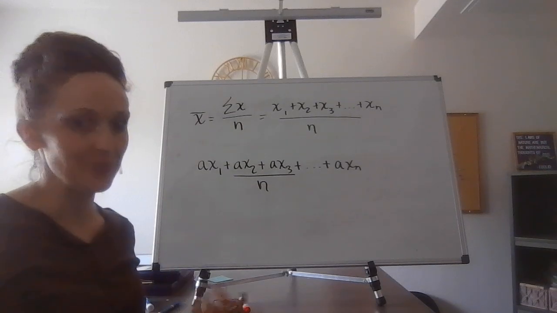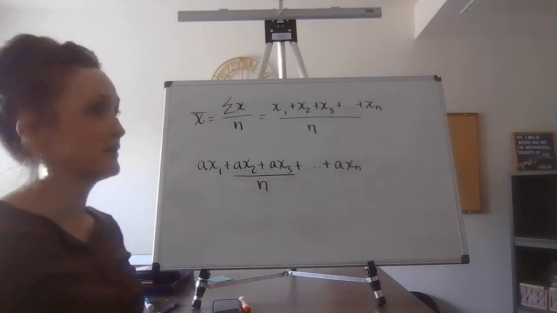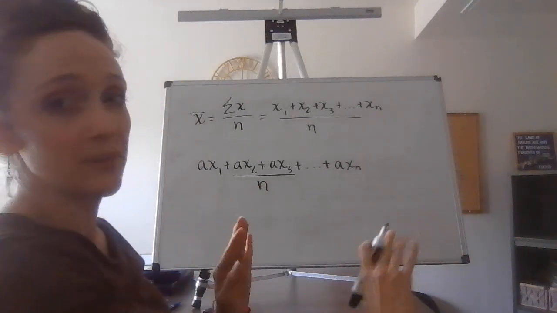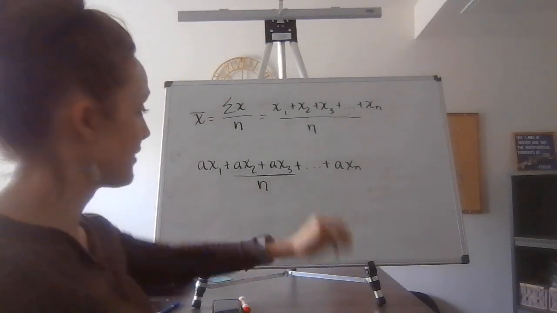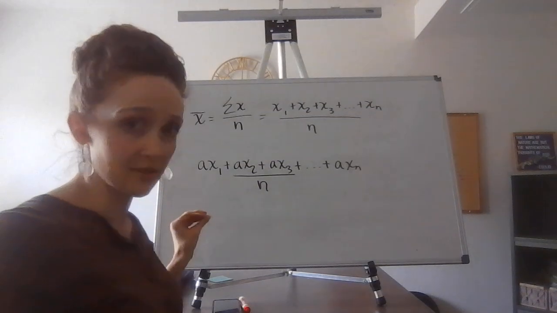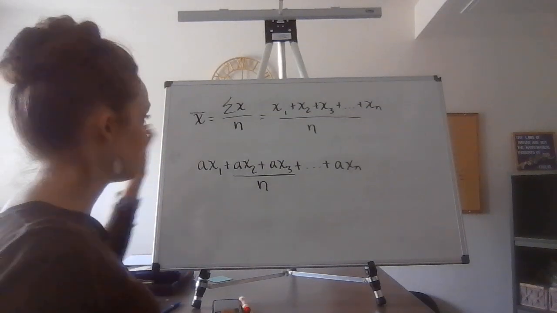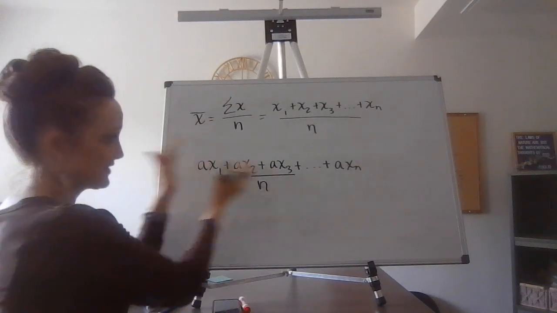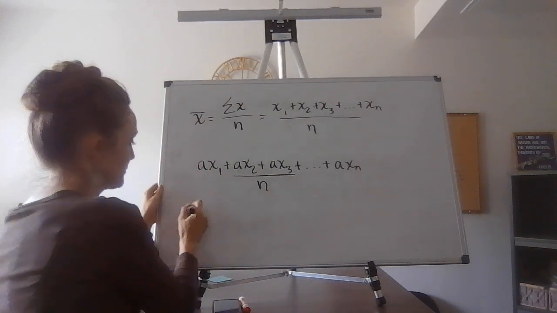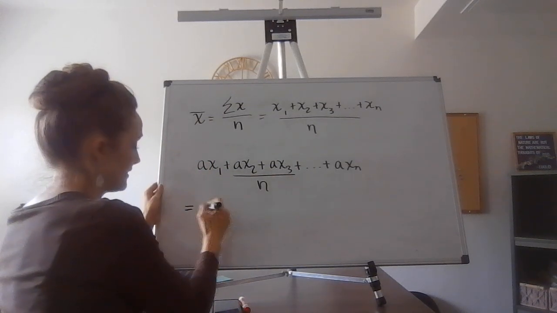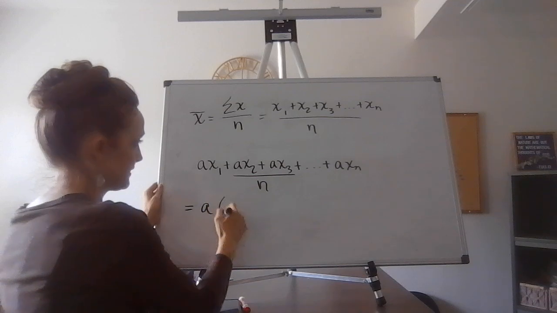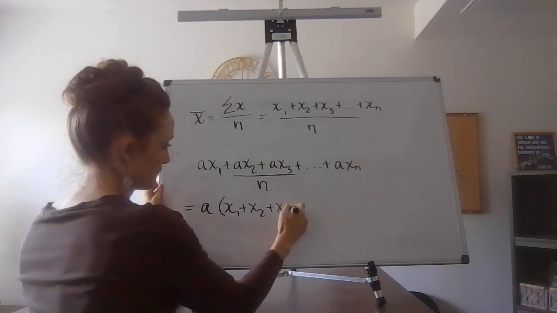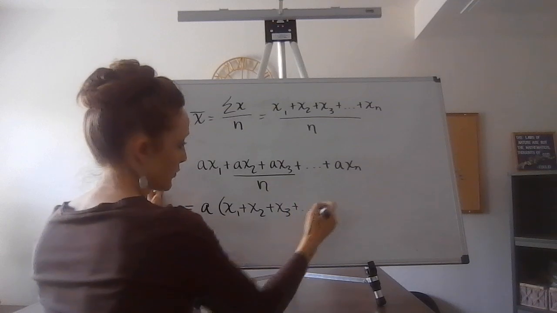Well, if you know the distributive property, you know it works to pass out a factor over a sum, but it also can be used the other way to pull out a factor that's common to a whole bunch of terms and put it outside of some parentheses, sort of factored out. So this would be then equal to a times this sum without the a's.